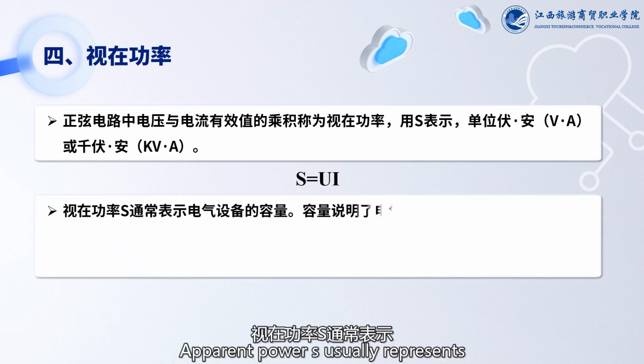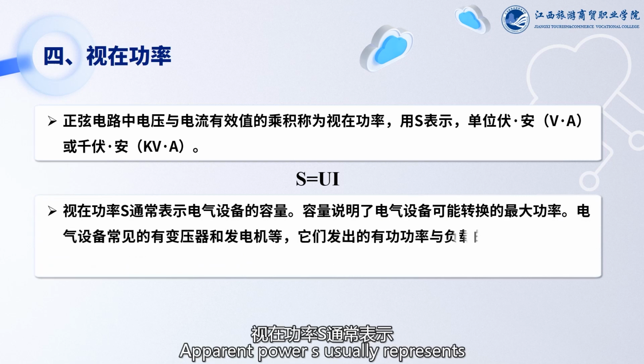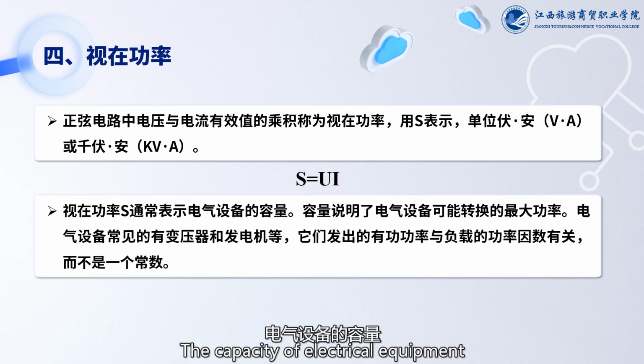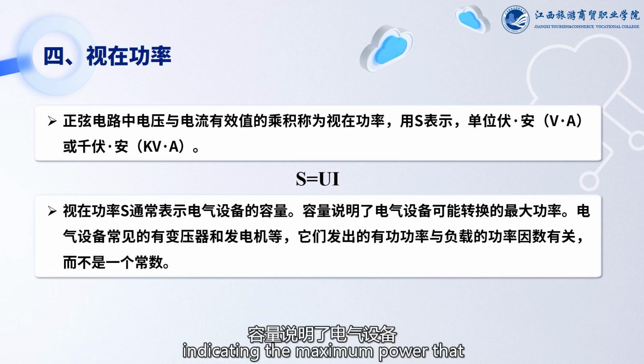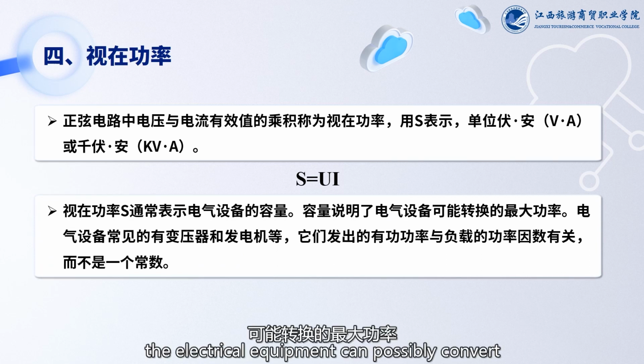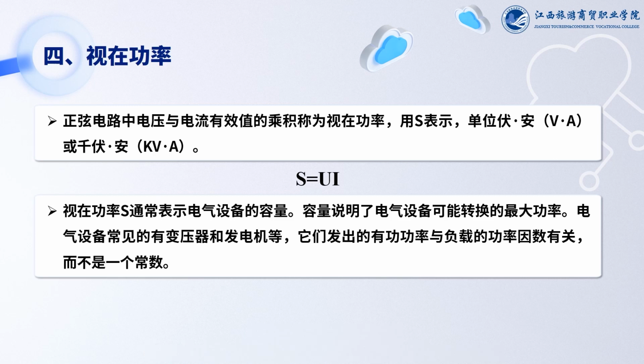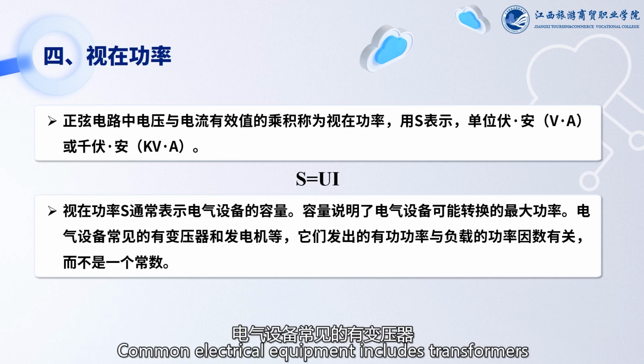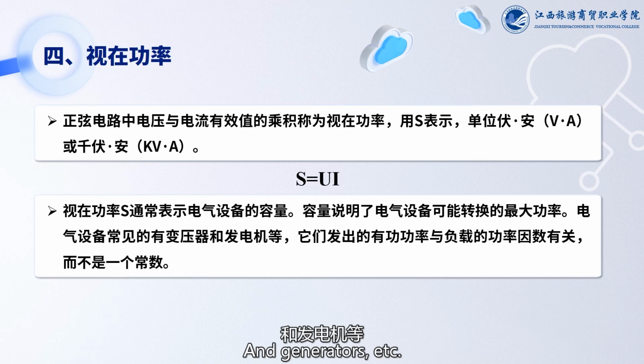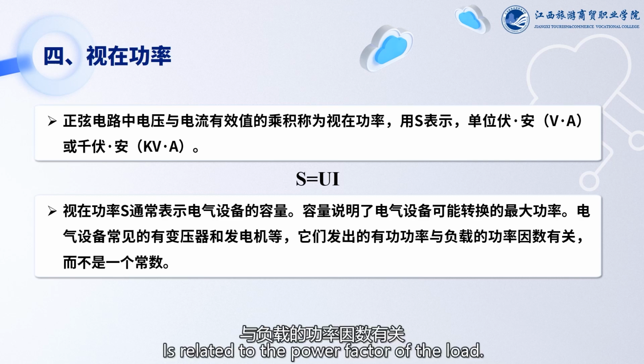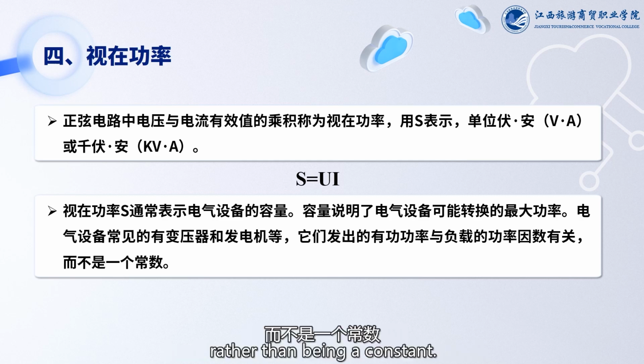Apparent power usually represents the capacity of electrical equipment, indicating the maximum power that the equipment can possibly convert. Common electrical equipment includes transformers and generators, etc. The active power they emit is related to the power factor of the load, rather than being a constant.